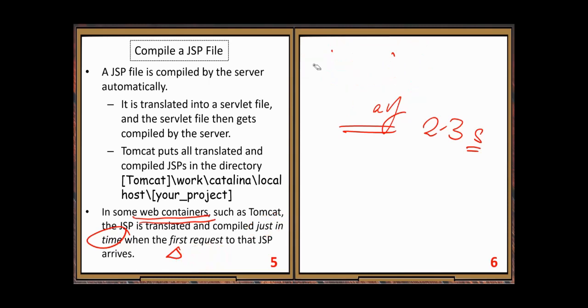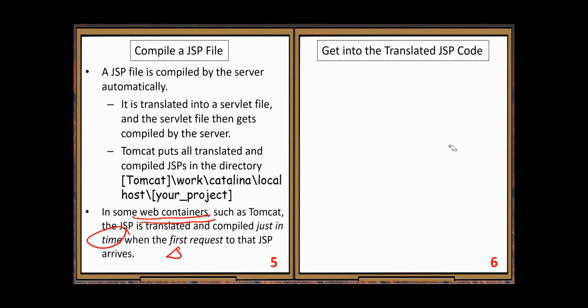Next, getting to the translated JSP code. So we want to understand a little more in the translated JSP code. Although we do not need to get into too much detail, we need to know the structure.